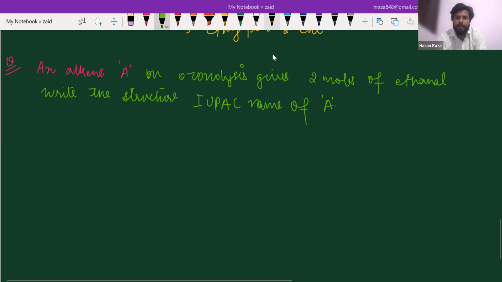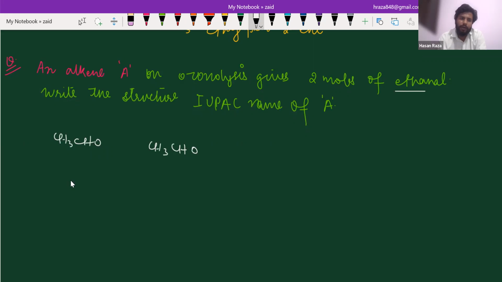See, I'm going to explain. 2 moles of ethanal means you have 2 ethanal, CH3CHO. You got the 2 products, CH3CHO. I'm going to write this as CH3 C double bond O and H, and this as double bond O, C, and then H and CH3.